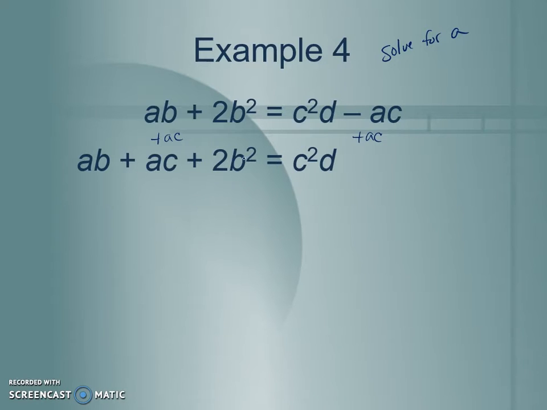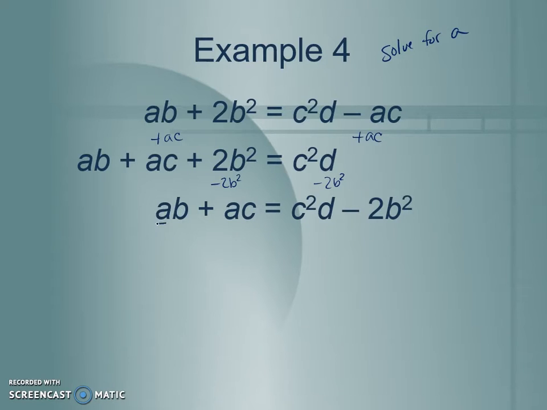Next, I want to get all my other variables on the other side. So any terms that don't contain my a are going to move on over. So I'm going to subtract 2b squared. I'm left with ab plus ac equals c squared d minus 2b squared.